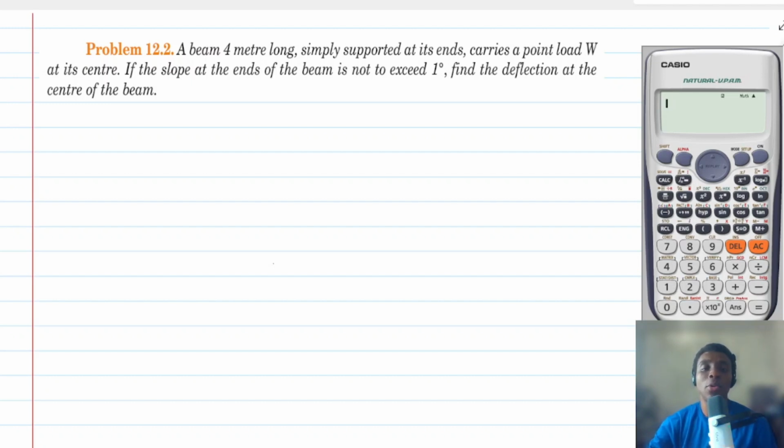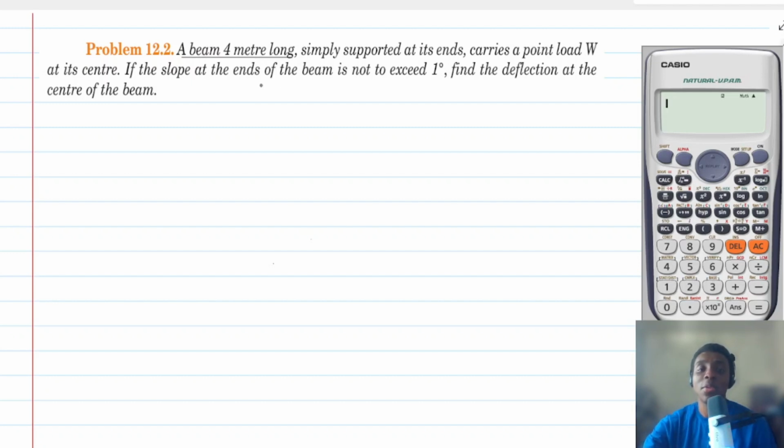In this video, I want to solve a question with you to illustrate the concept of a simply supported beam, and you have been given the slope. Let's try to solve the question together. This beam is 4 meters long.